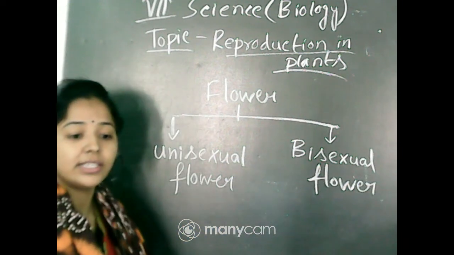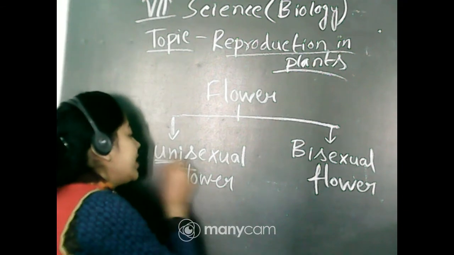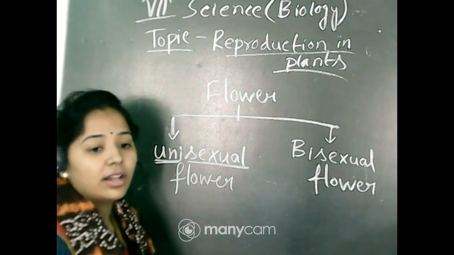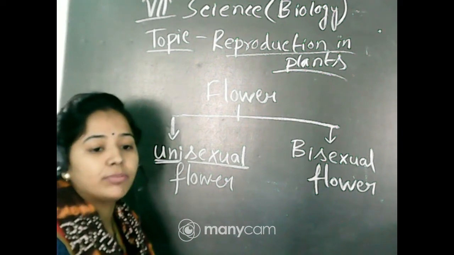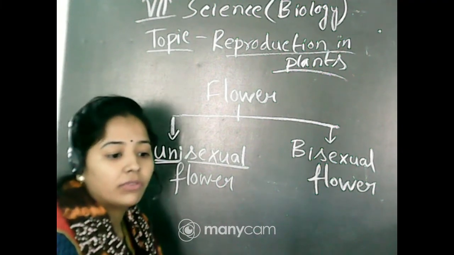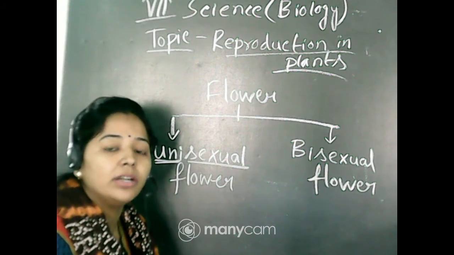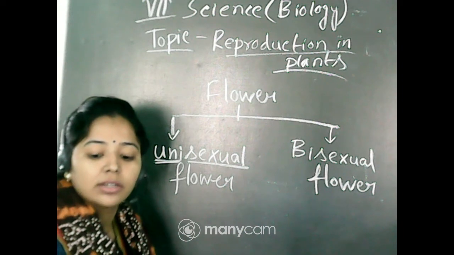Now, what is a unisexual flower and a bisexual flower? The term itself says it: uni means only a single reproductive part. The flower possesses only one reproductive part, either the male or the female, but only one.